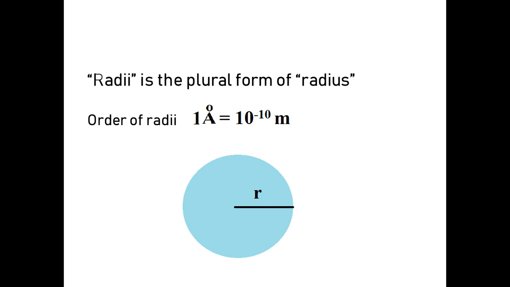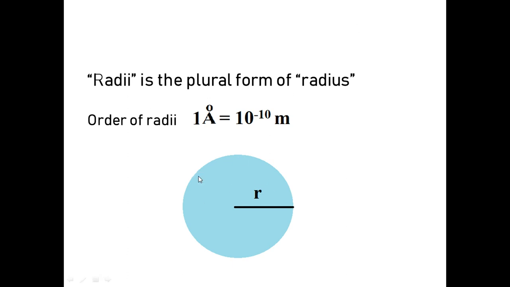So what do we know about this radius? The order of this radius is the angstrom order, and 1 angstrom is equal to 10 raised to power minus 10 meter, that I already talked about in chapter one, some basic concepts in chemistry.